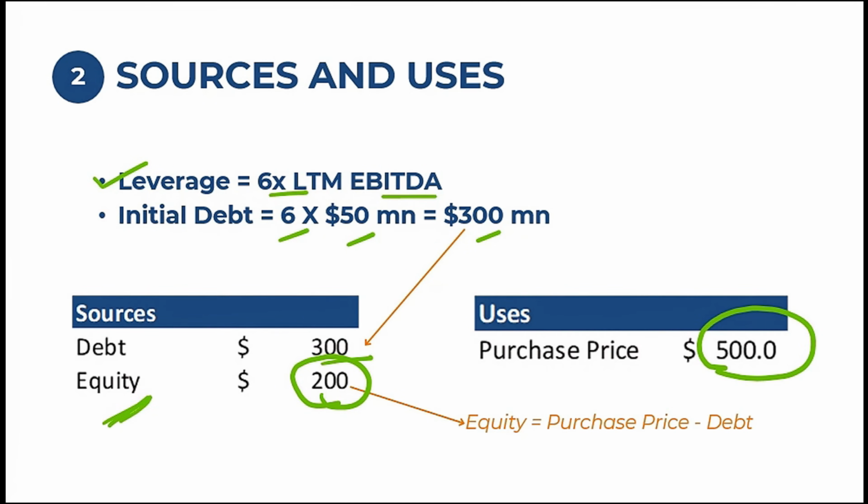That's our equity investment. So in short, our sources are debt of 300 and equity of 200, and our use is the purchase price, which is 500. And a quick note here: in most paper LBOs, we ignore transaction fees and purchase adjustments unless the interviewer specifically asks, because it keeps the math simple and clean.